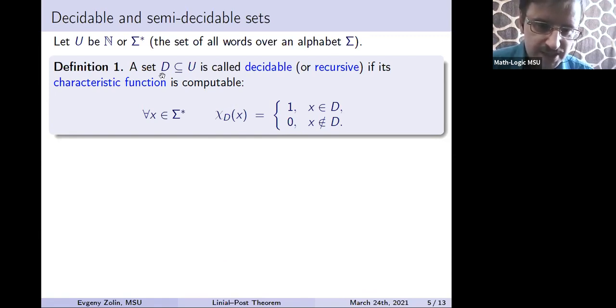Then a subset D of U is called decidable or recursive. In the literature, they usually say recursive.